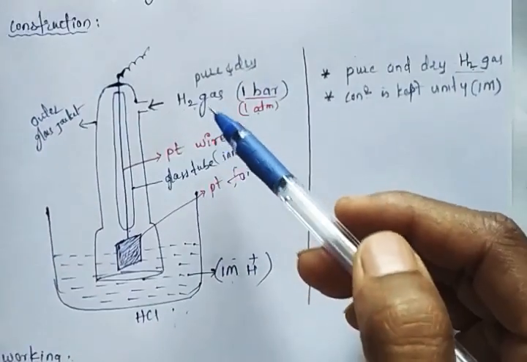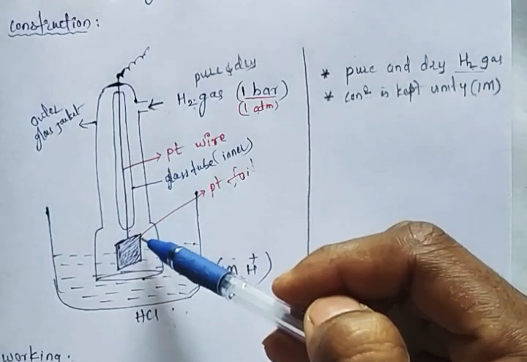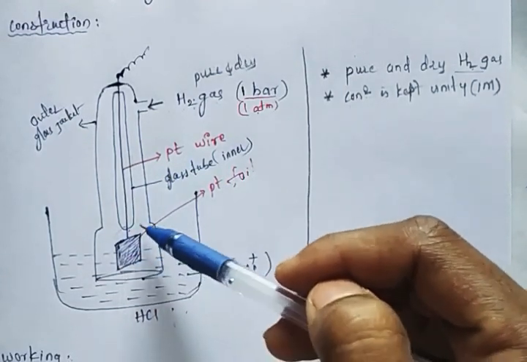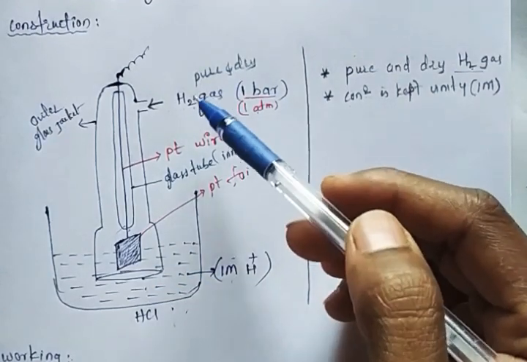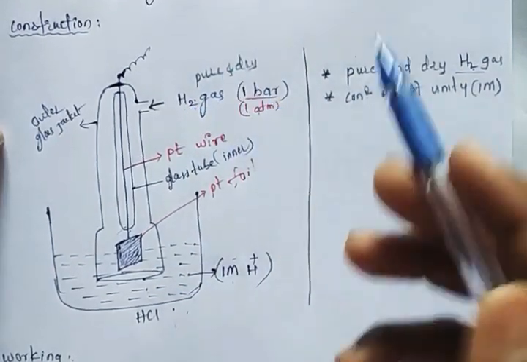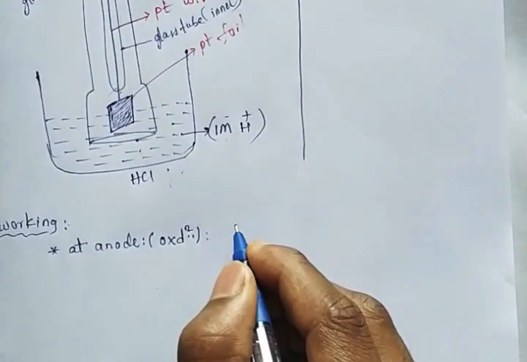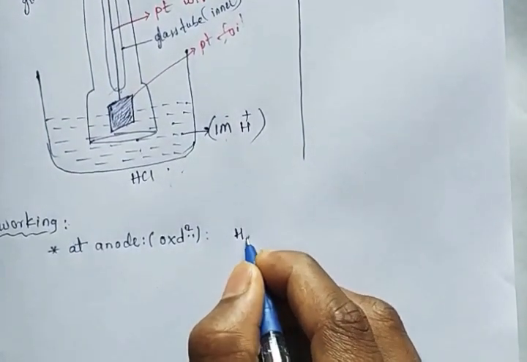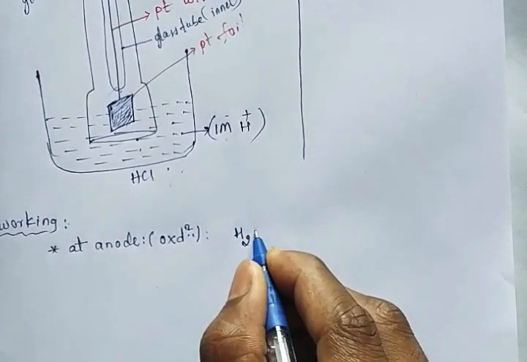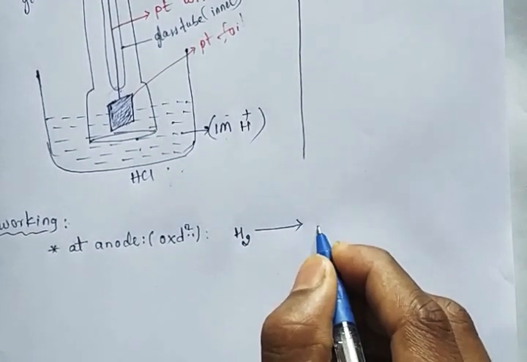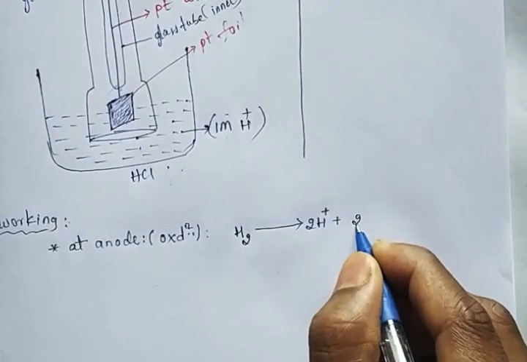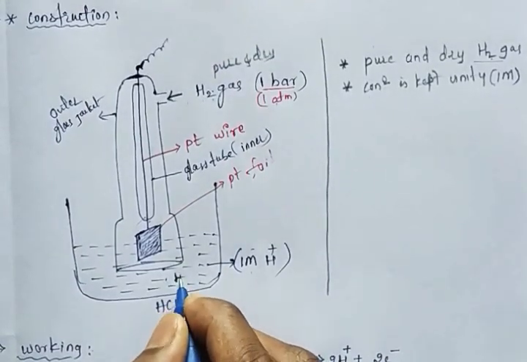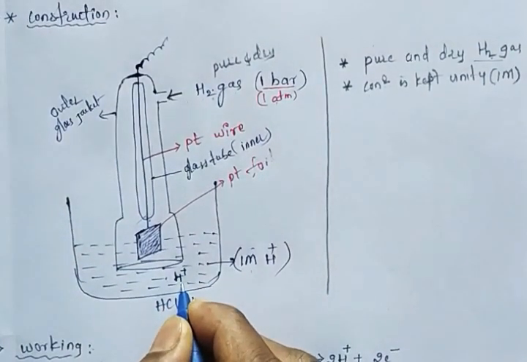When pure and dry hydrogen gas is passed, on the platinum surface the reaction is taking place. The solution contains H+ ions, and from this we are passing H2 gas. Look at this reaction. The H2 gas that we passed undergoes oxidation. Oxidation हुआ तो H+ ion plus loss of 2 electrons. Remember, H+ ion is already present in the solution, right?